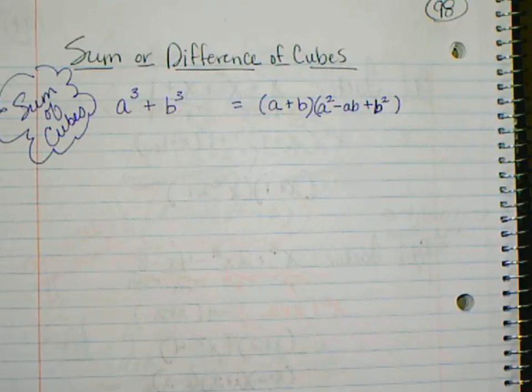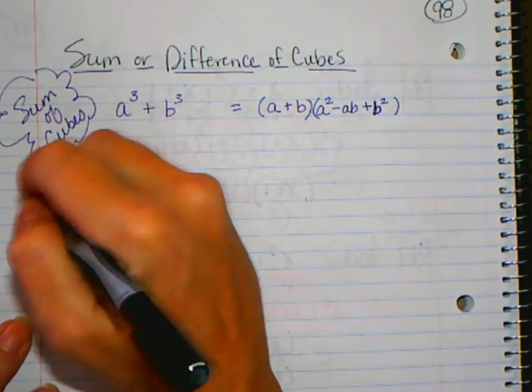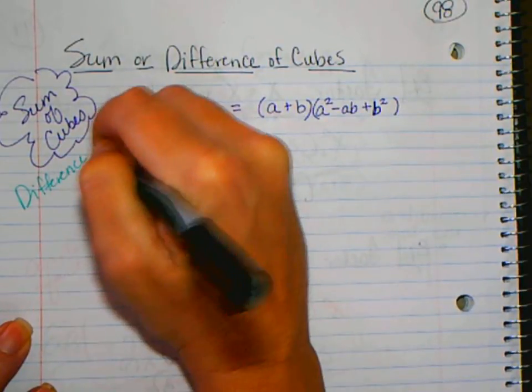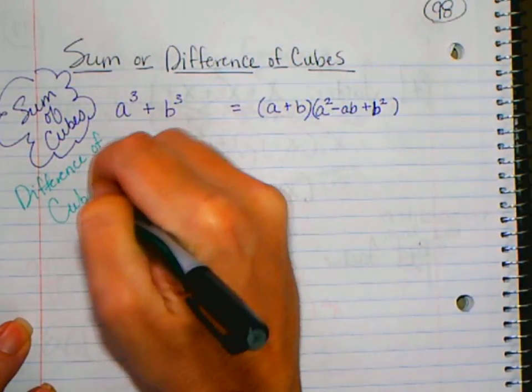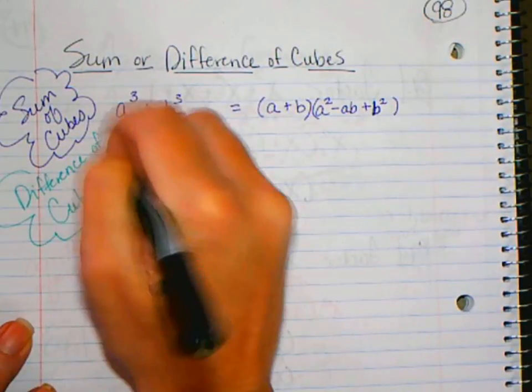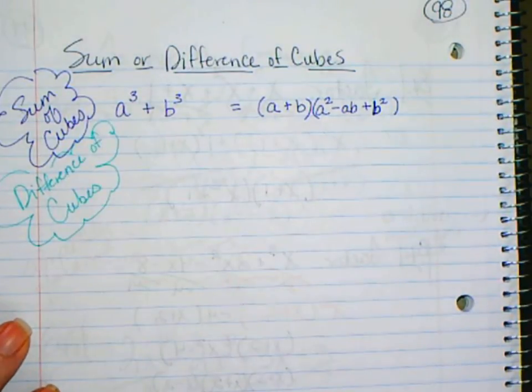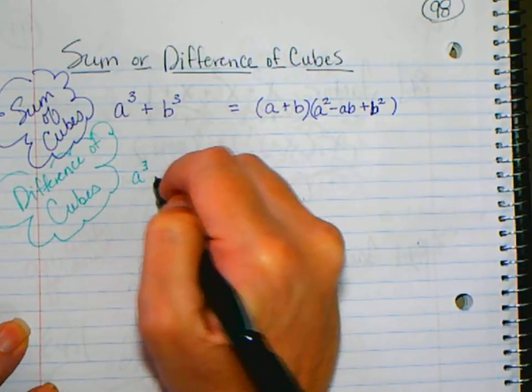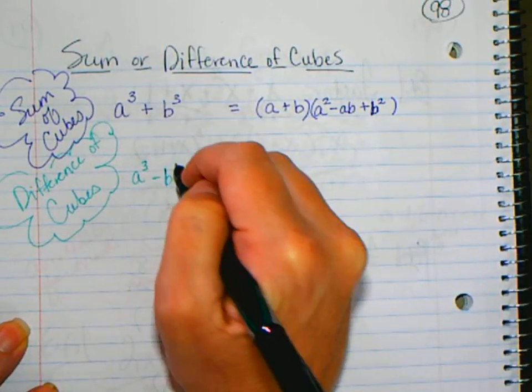Now, if you have a difference of cubes, the pattern's very similar. Only thing different really are some of the signs. Some of the signs are different, some of the signs are not. So for difference of cubes, difference of cubes is when you have a perfect cube minus a perfect cube.